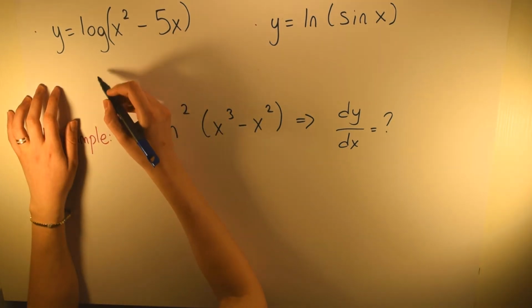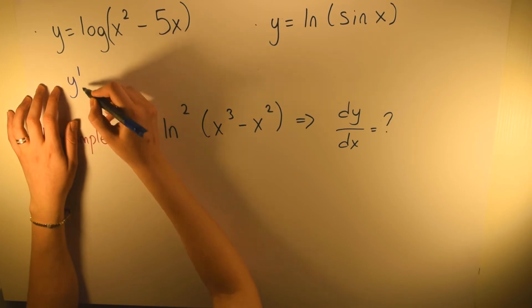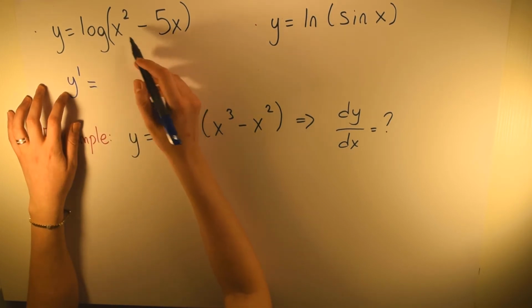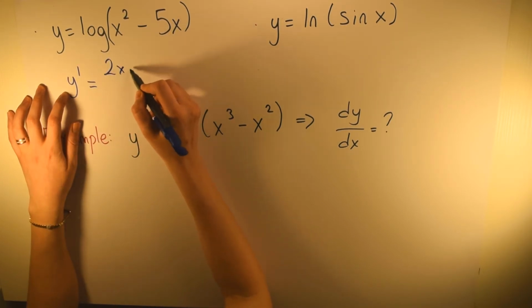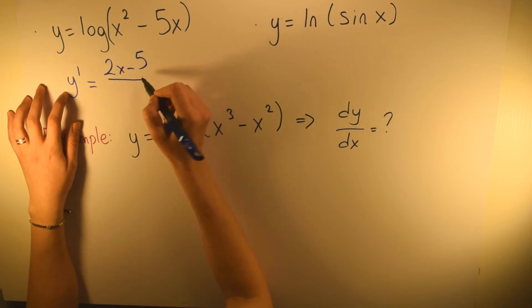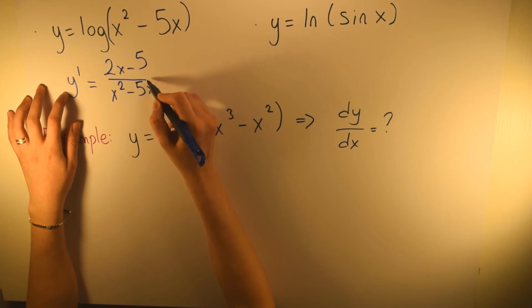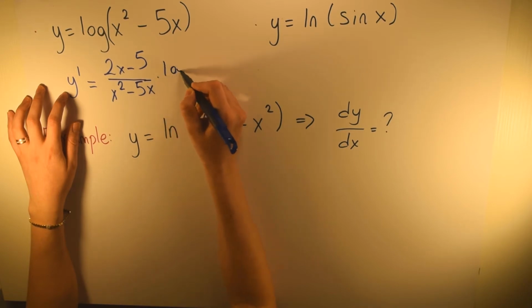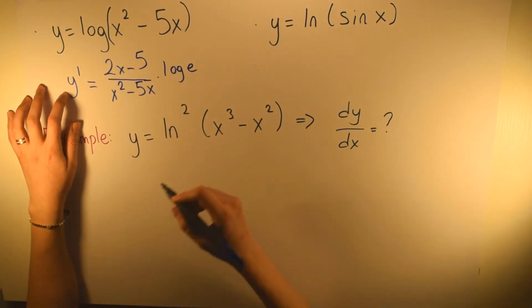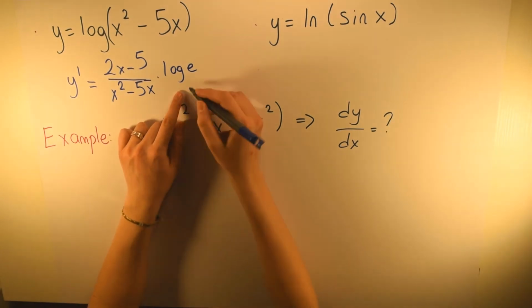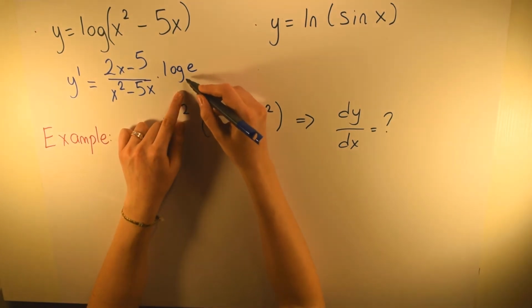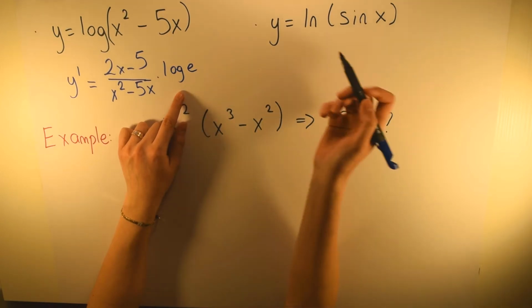So the derivative of y is equal to 2x minus 5 over x squared minus 5x times logarithm e, right? This is our formula. When you don't have the base, we accept this base as 10, so we don't need to write it here.